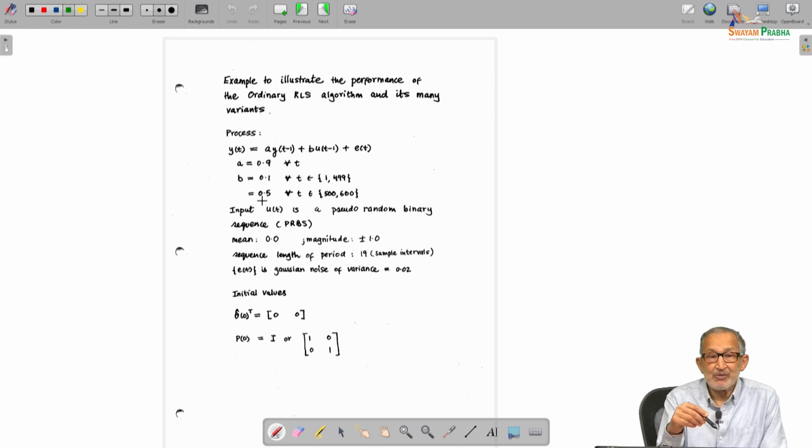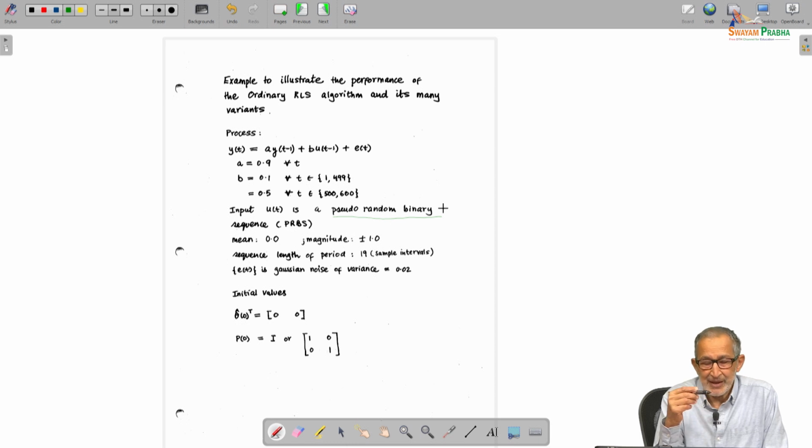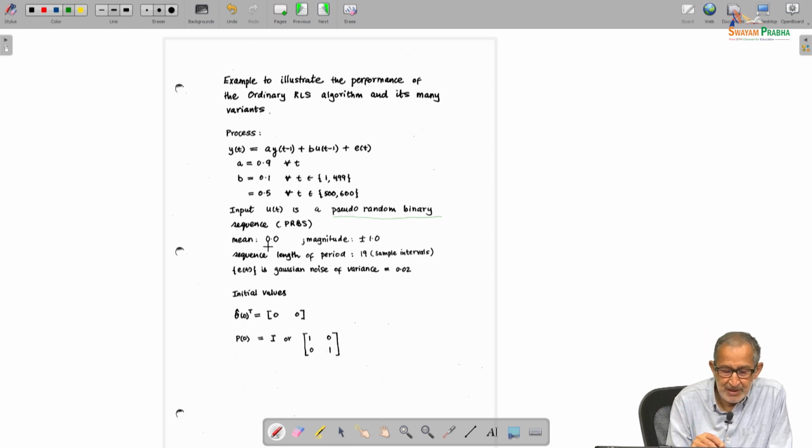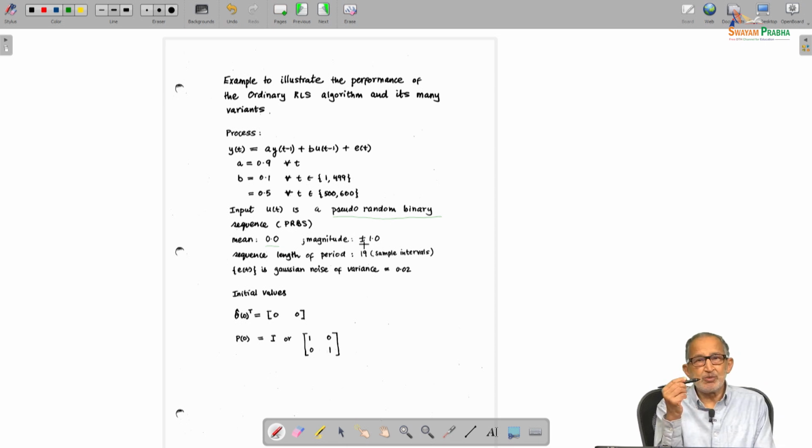If you look at the gain of this process, the gain initially is 1, but from instant 500 to 600, the gain becomes 5, so becomes significantly larger. The input that we use in this simulation is what is known as a pseudo-random binary sequence. It is like white noise. The mean value is 0, and it has the magnitude plus or minus 1. So it's either plus 1 or minus 1.